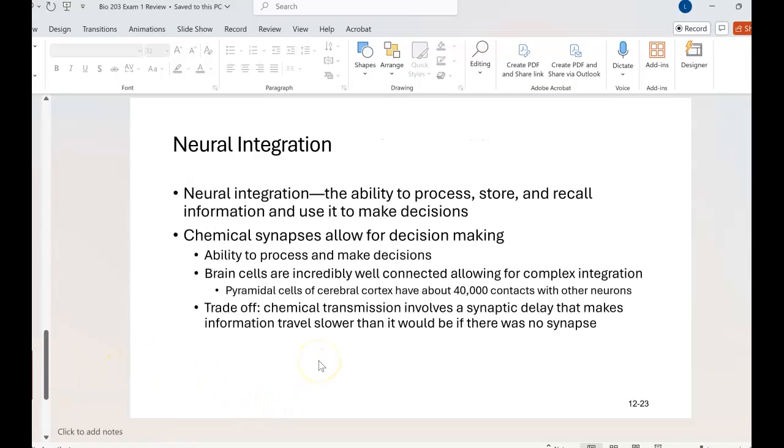Now, one of the things that we talked about is that there is a lot going on with that postsynaptic neuron. It's actually getting a lot of information. By using those chemical neurotransmitters, that helps with that flexibility. It also helps with decision making. Yes, it's a little slower than those electrical synapses, but it allows us to have a little control.